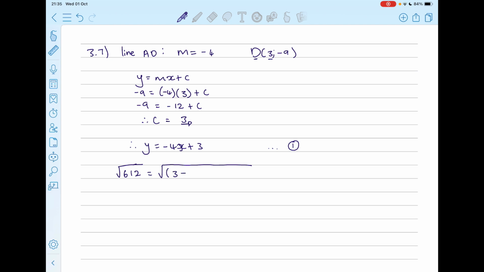So here we'll have 3 minus, okay, now this is looking messy. Okay, back here, 3 minus x2, or let's call it xa, since we know we are looking for A, squared plus minus 9 minus ya squared. This is what we're solving for. I'm just looking at this. I don't like working with negative. I think let me swap the order.